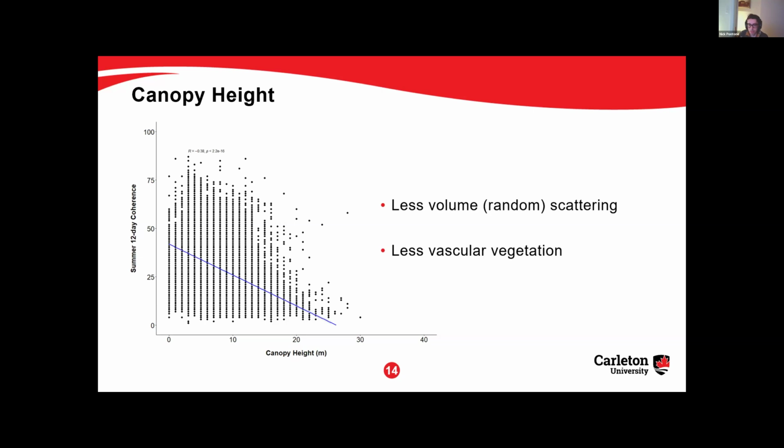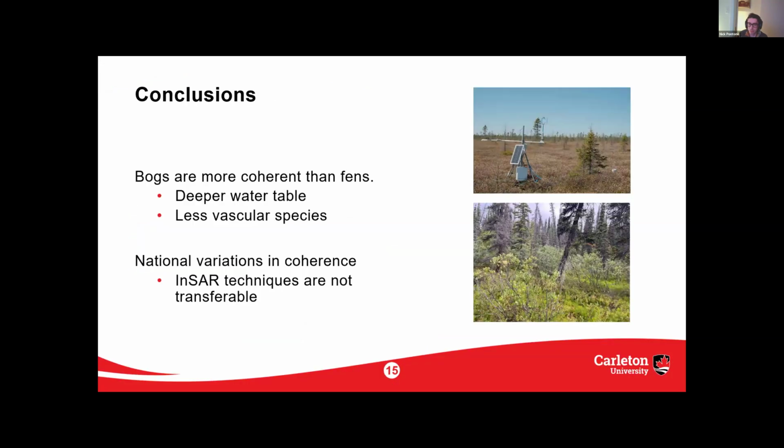You can see that as canopy height increases, coherence decreases, and you would expect this because at lower canopy heights, you would expect more open areas or shorter vegetation like shrubs, and this would result in less random scattering from the canopy, which we call volume scattering, and less vascular vegetation. So there's also fewer double bounce and different types of backscatter happening.